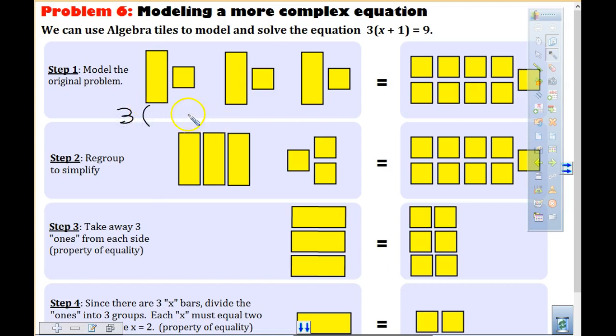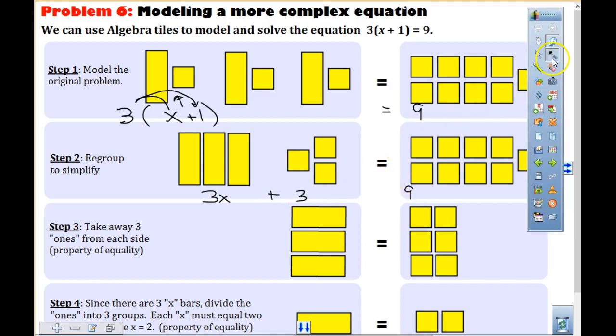So 3 times x plus 1, right? So there are 3 groups of x plus 1. That's what this group is, an x plus 1 group. There are 3 of them, and that was equal to 9. And when we rearrange it, this is what you do when you're eliminating that parenthesis with the distributive property. You are regrouping your x's, which leaves us with 3x when we use the distributive property, plus 3 equals 9.